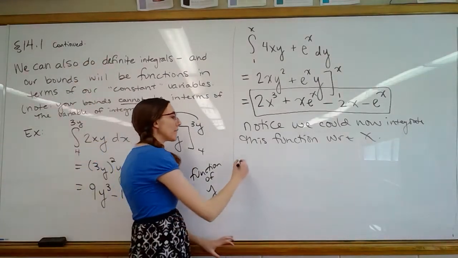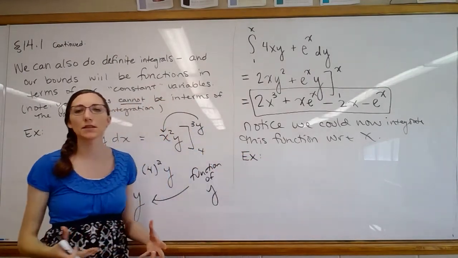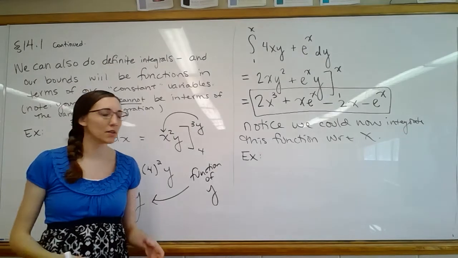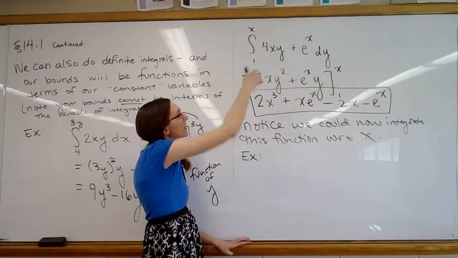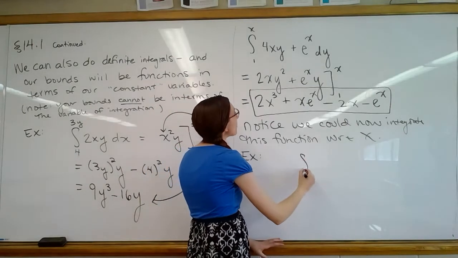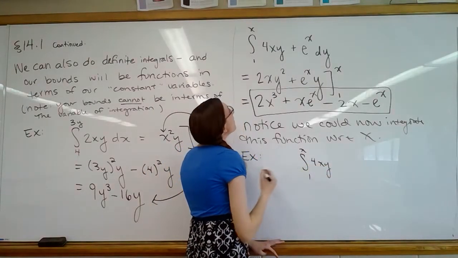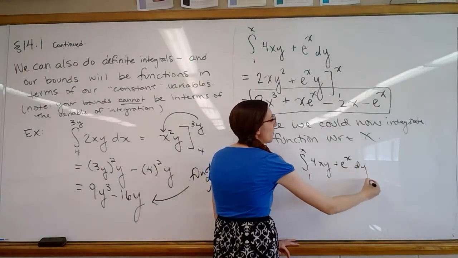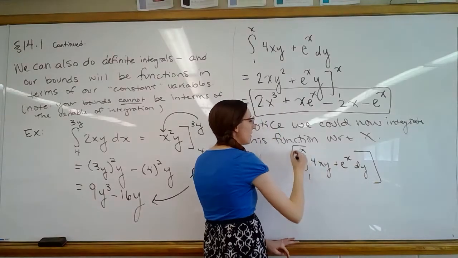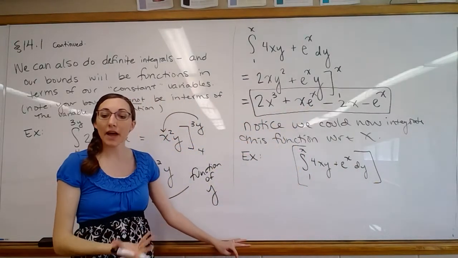What that could look like, for example, I'm going to write it from the beginning because this is going to prompt how we're going to look at things later. We could notice that whole integral up top, that integral from 1 to x of 4xy plus e to the x dy, that whole thing really is just this function of x.